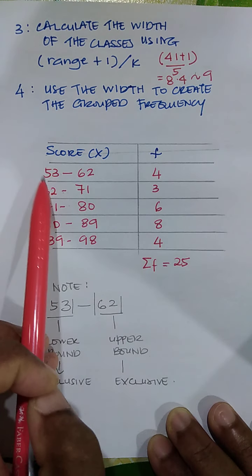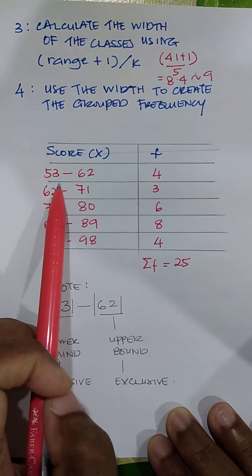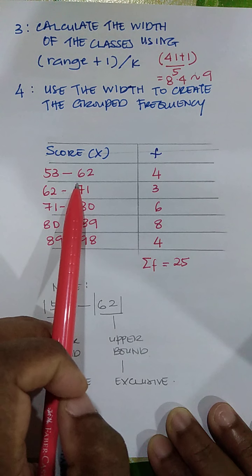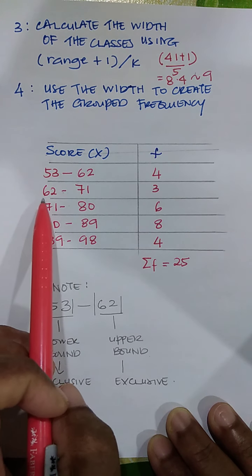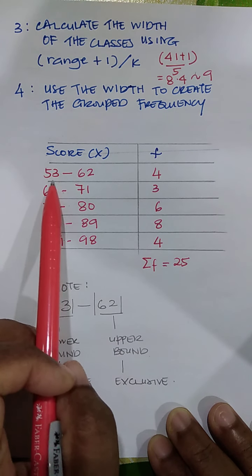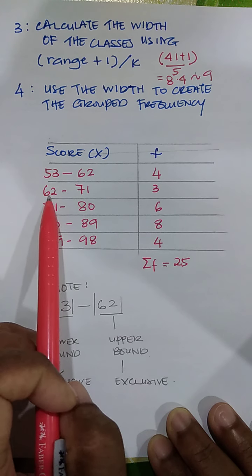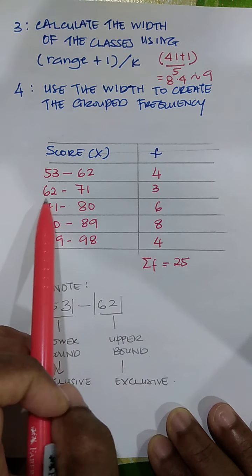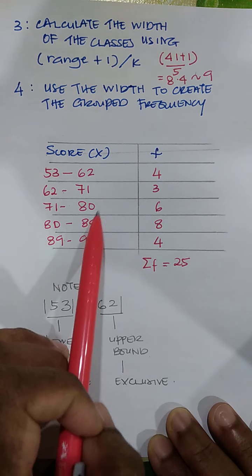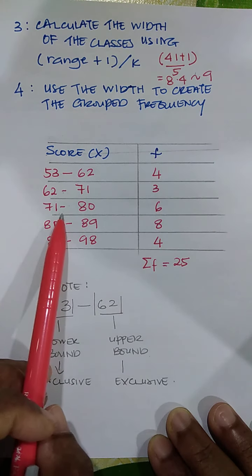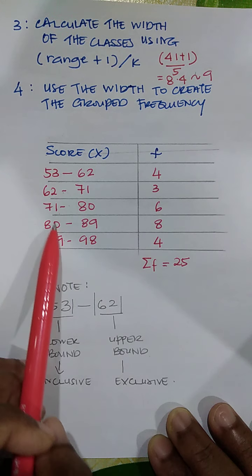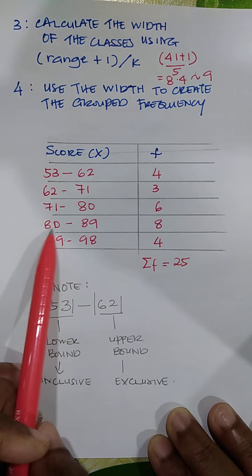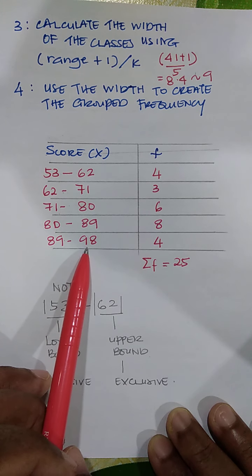What you can do is find the values from 53 until 61, and then count how many values there are from 62 until 70. Then the third class is from 71 until 79, the next is 80 until 88, and here will be 89 until 97.